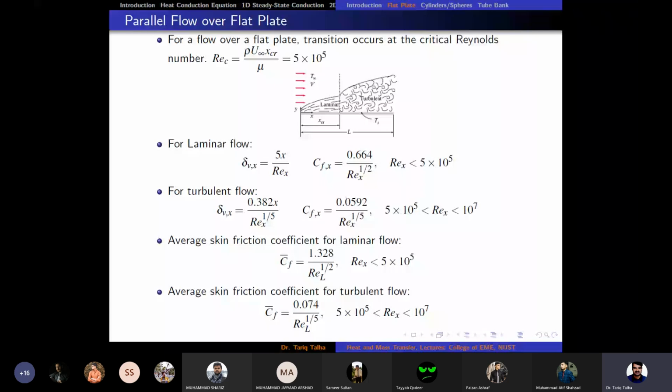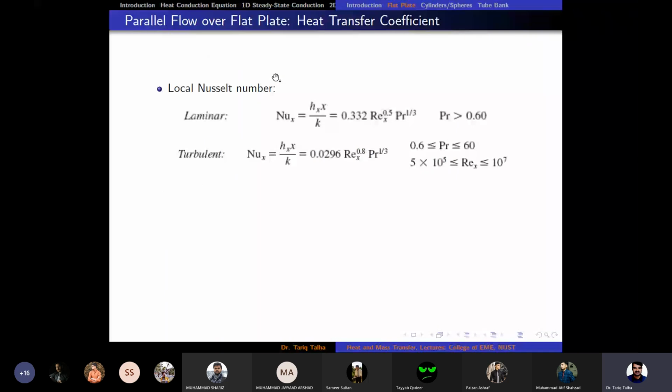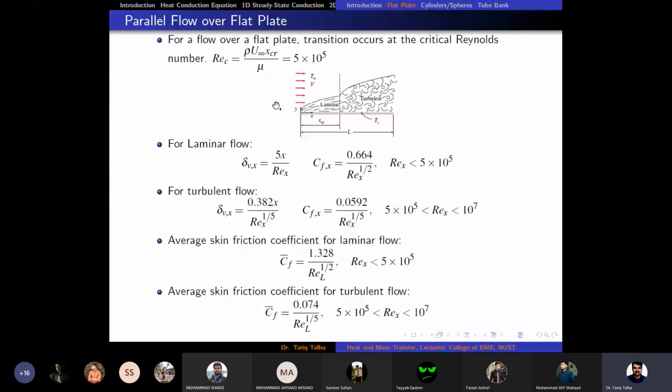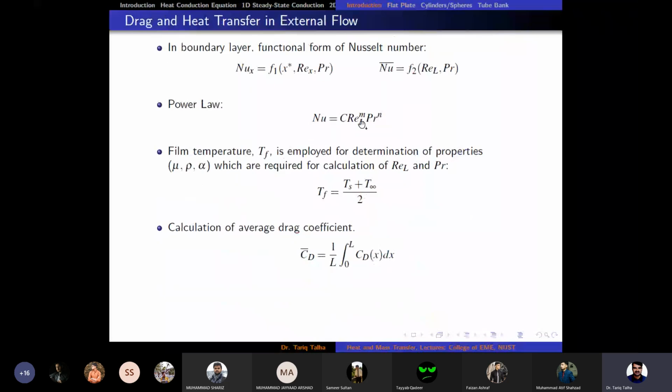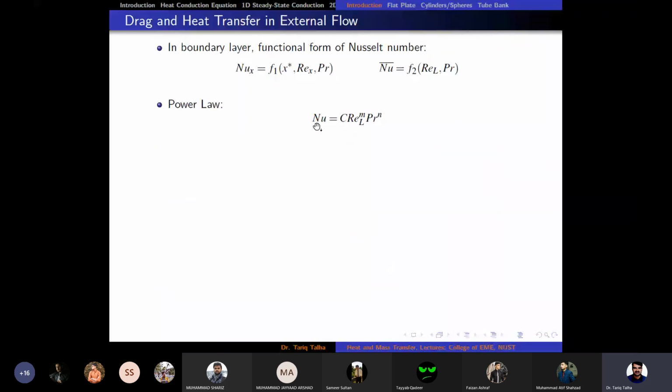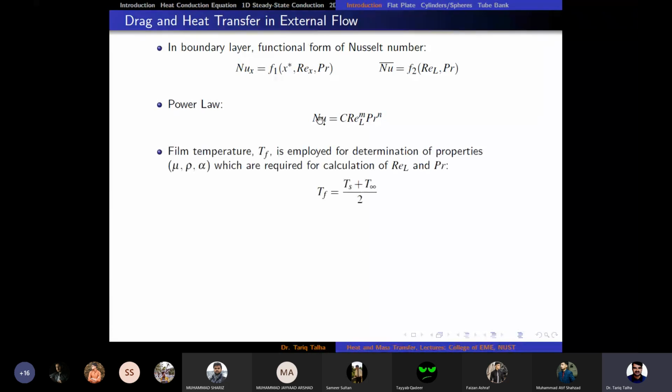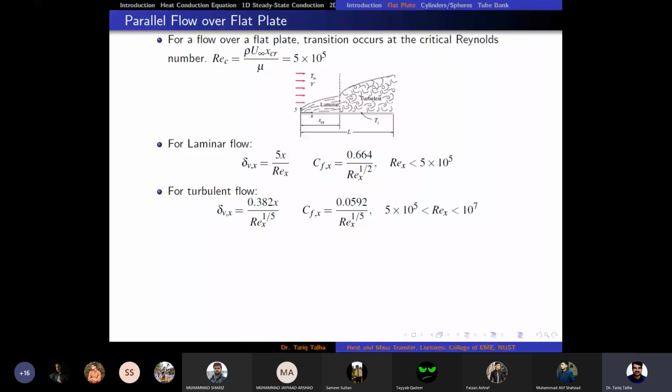Now, as we discussed the power law for the empirical correlation on this slide, C was a constant, and m and n are also constants which would be determined by experiments. Here you can easily see that power law formation.